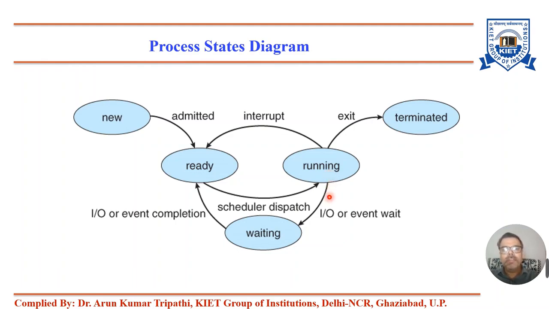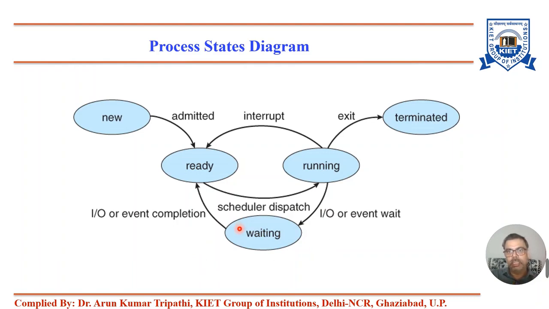Suppose the program is executed and it requires the first number. When it requires the input, that means it is waiting for IO. You have to give the input from the keyboard, and after that it will take the second number. Once it requires input output, it goes to the waiting state.